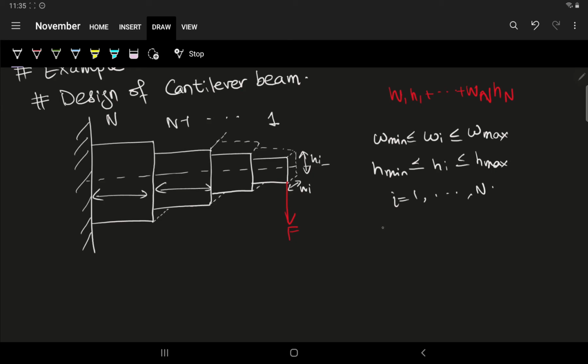Also there is a bound on the aspect ratios, so it has to follow some aspect ratio bound S.